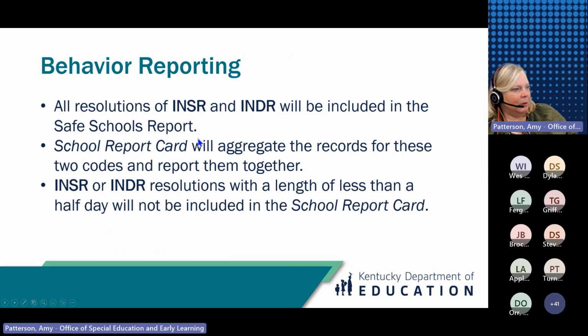So some other information about behavior reporting. All resolutions of INSR and INDR will be included in the Safe Schools report. Sometimes other things are included in the Safe Schools report that may be something like called parent, or anything dealing with a weapon or drug or bullying will be in the Safe Schools report.